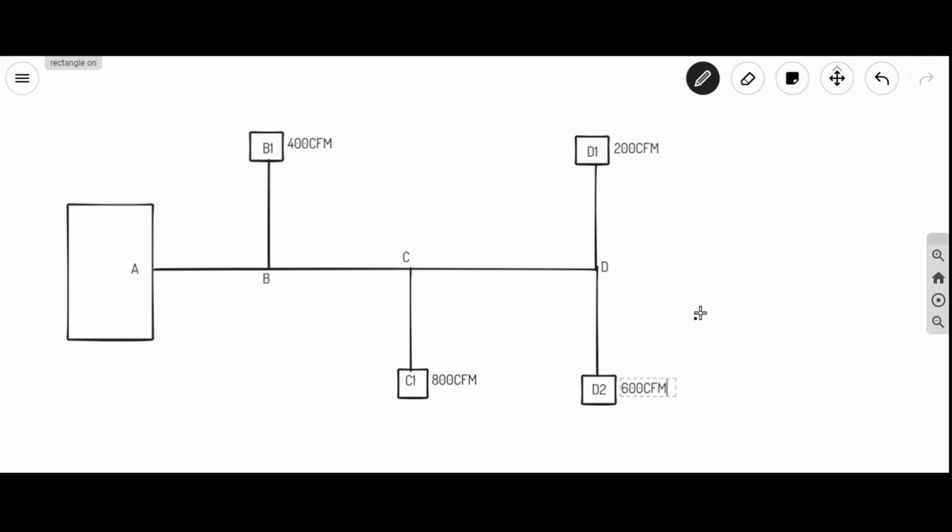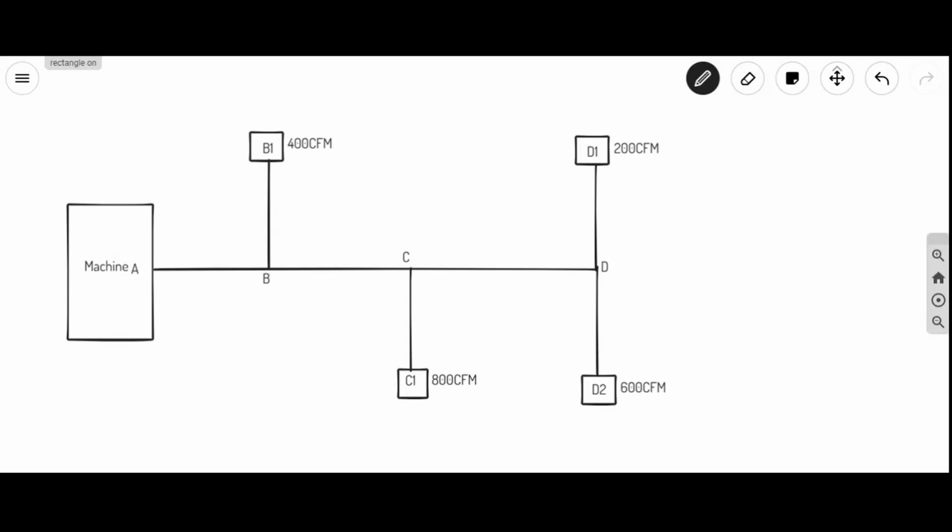Okay. So here A to B, B to C, and C to D. Assume this is the machine. Here A to B, B to C, C to D is called the main duct.